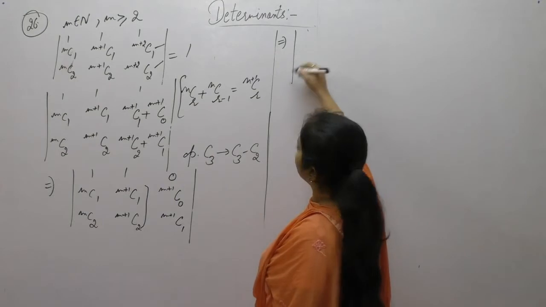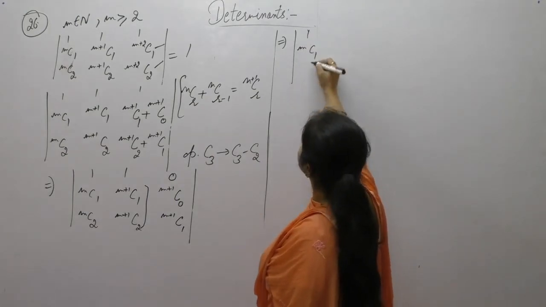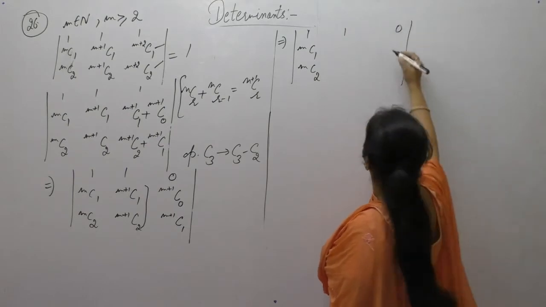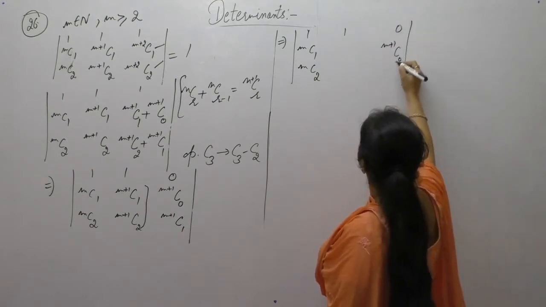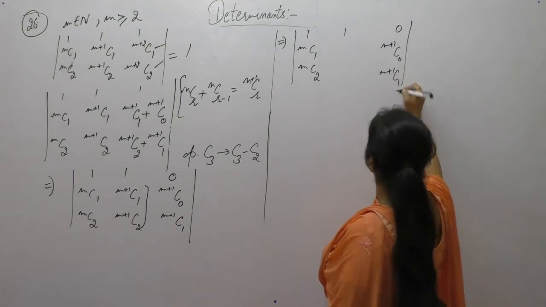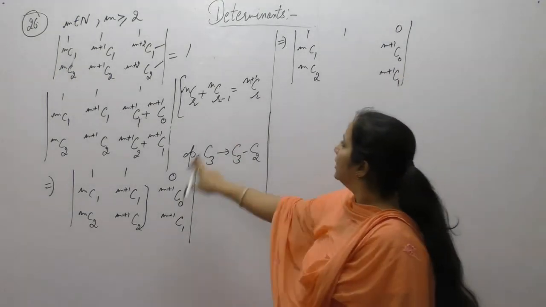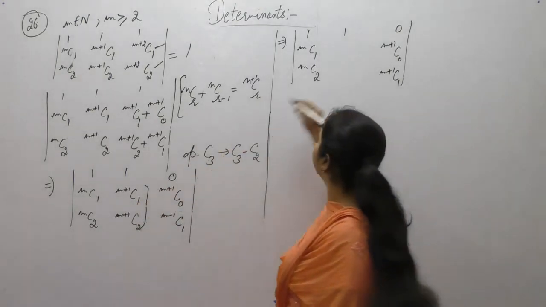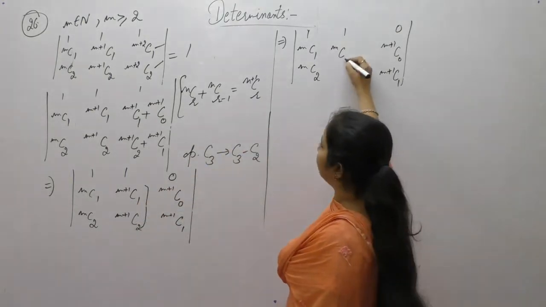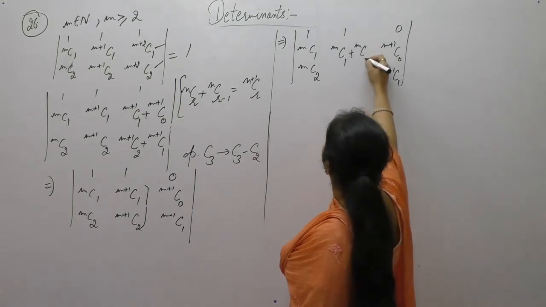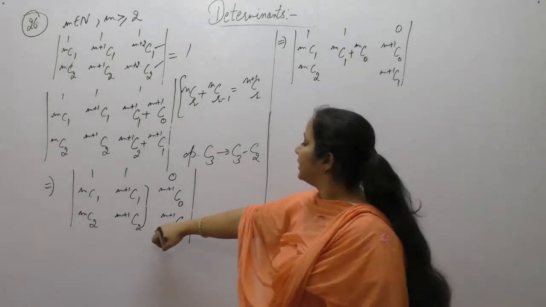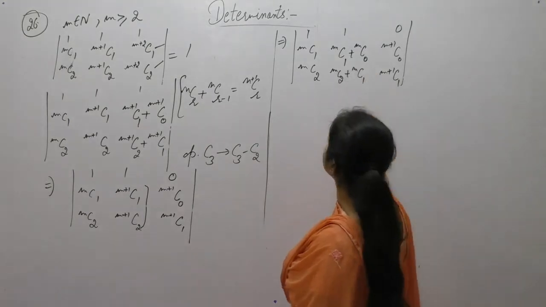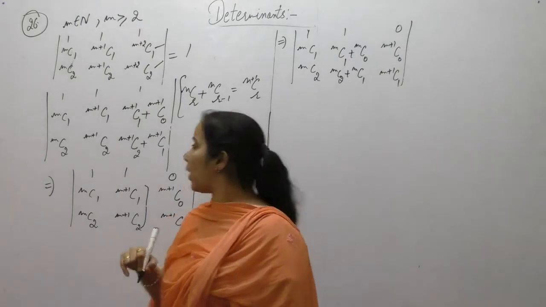So it becomes 1, mC1, mC2, 1, 0, m plus 1 C0, m plus 1 C1. Now r is 1 here, n plus 1, so n is m. So mC1 plus 1 minus 1 is 0. Here again mC2 plus mC2 minus 1 is 1.